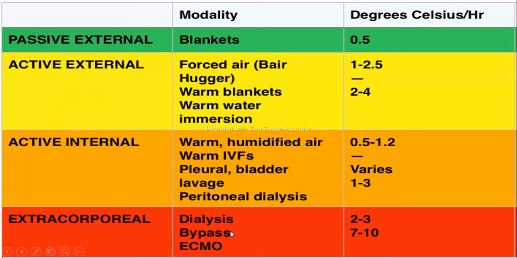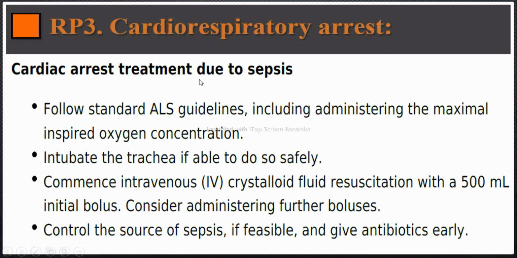You have to be familiar with the types because they can give you option in the exam. For example, they can ask you which of the following is active external rewarming. So you have to choose. So if you find any one of them, you can choose.